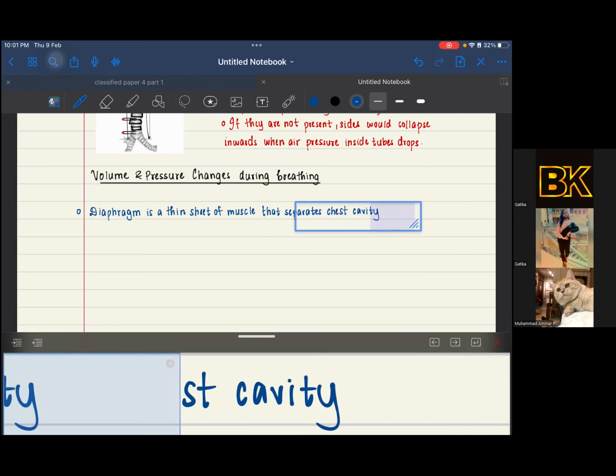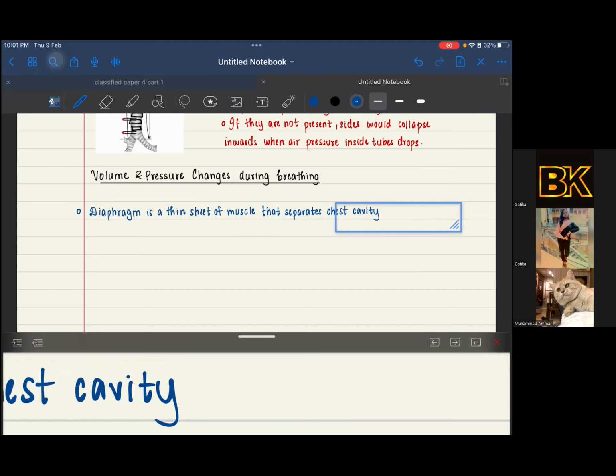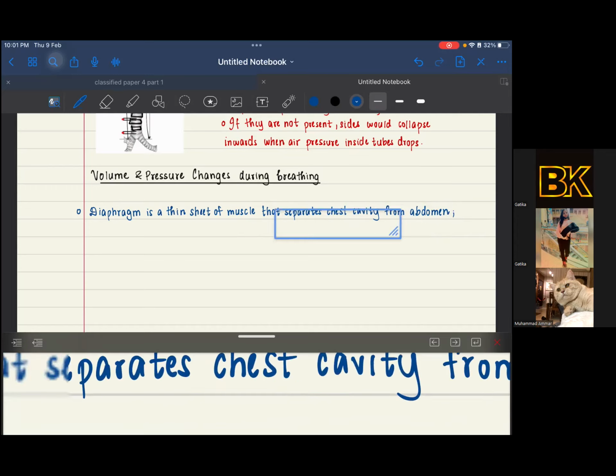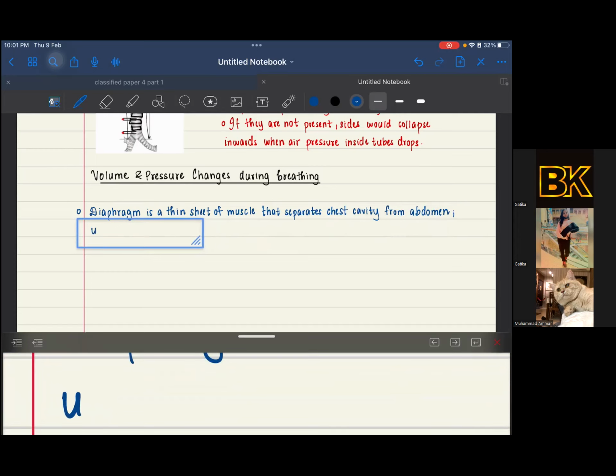If you remember what thorax is, I told you. It's the same thing. From the abdomen. Now, it is ultimately responsible for controlling the ventilation of the lungs. Now, I will tell you what ventilation is, but I will just write this point. Okay.